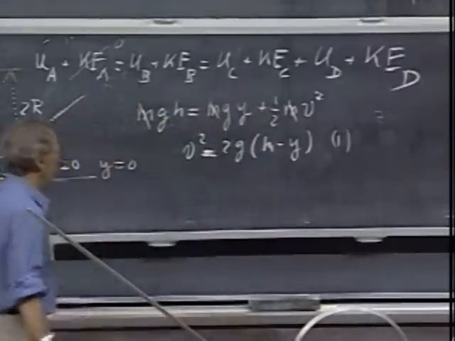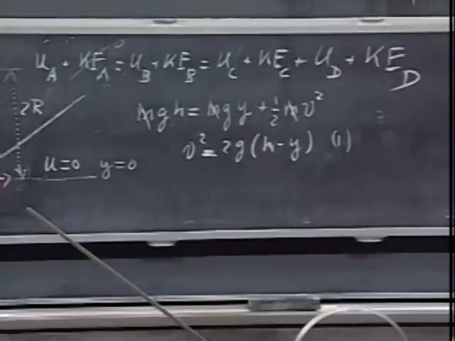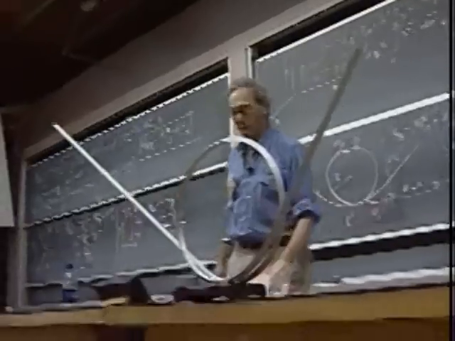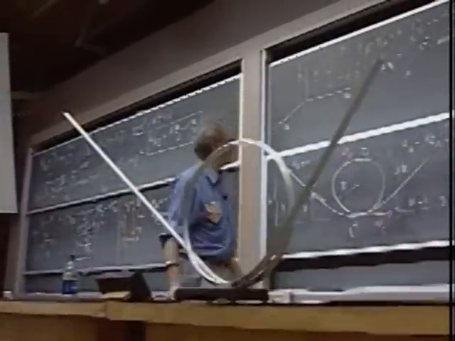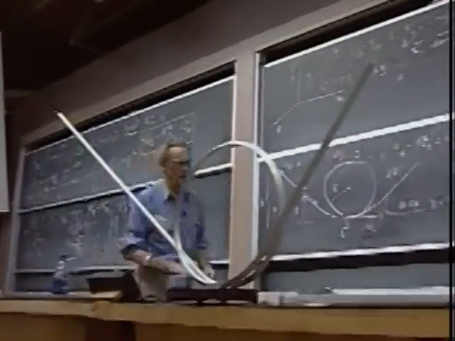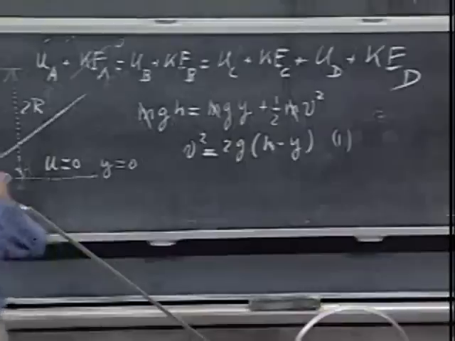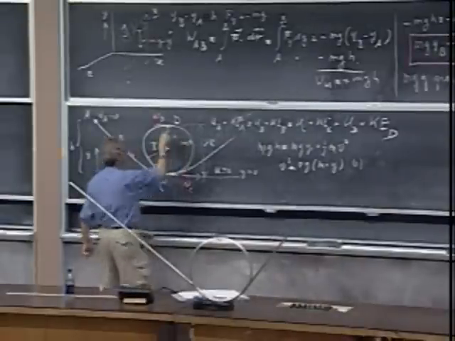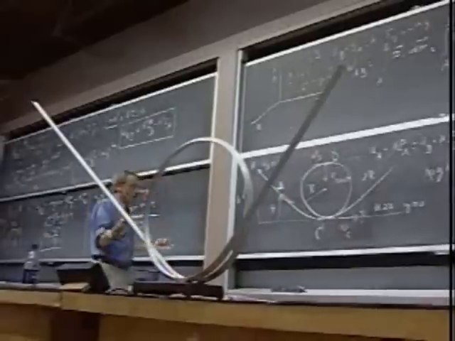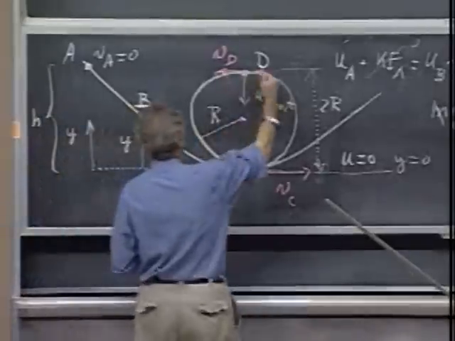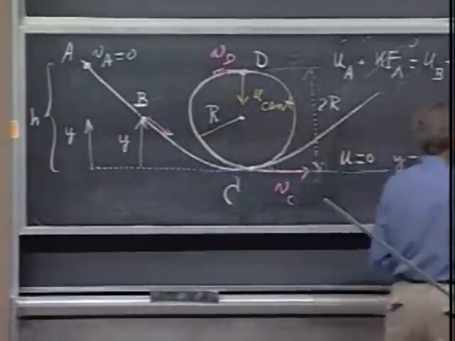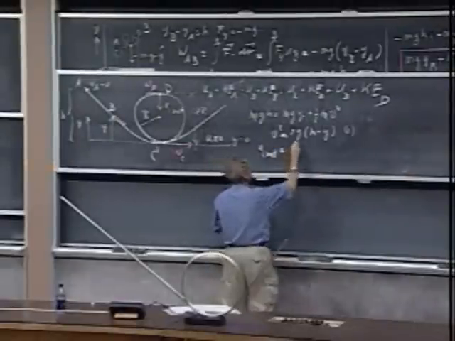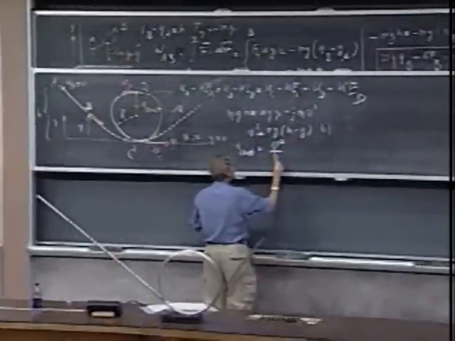So this should hold for all these points. Therefore, it should also hold for point D. However, at point D, there is something very important. There is a requirement that there is a centripetal acceleration, which is in this direction. That centripetal acceleration is a must for this object to reach that point D. And that centripetal acceleration, as we remember from when we played with the bucket of water, is v squared divided by r.